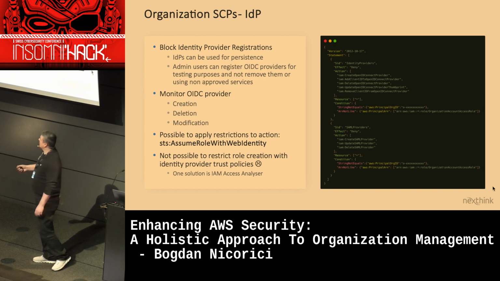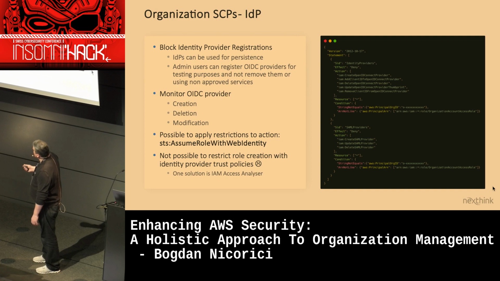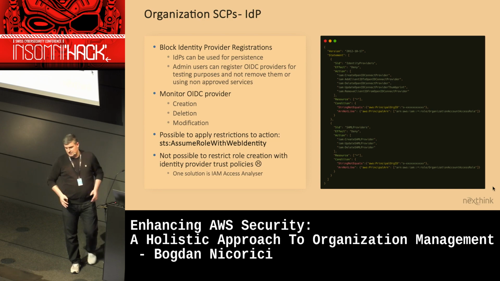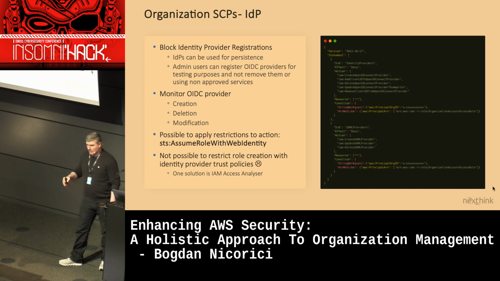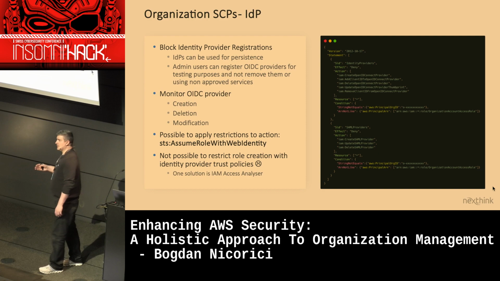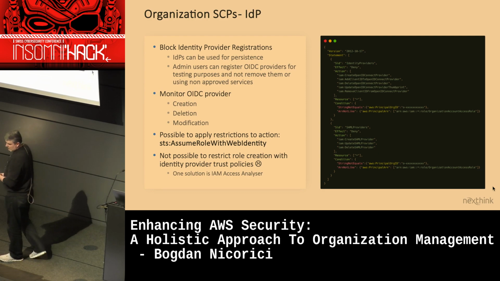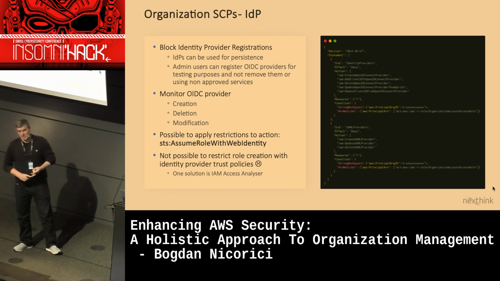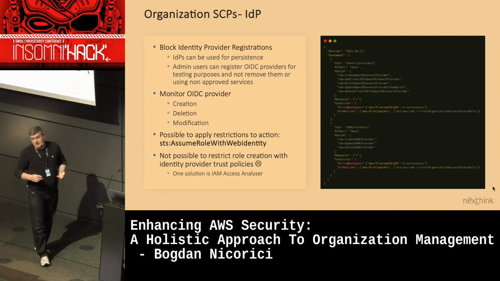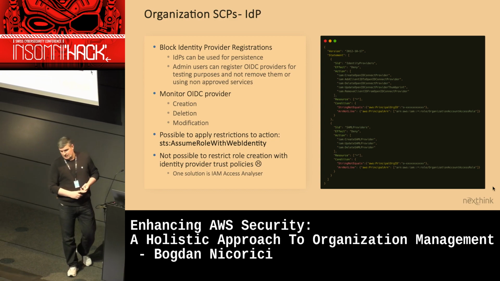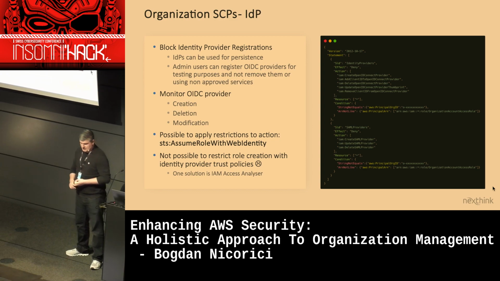So one thing I would like to highlight is: monitor. Either you choose to deny those actions on specific accounts or specific organization units, or, if you don't do the deny, at least monitor all the actions. Each time someone registers a new one, modifies an existing one, or deletes one, which could also have an impact on your workloads if they're using those OIDC providers.